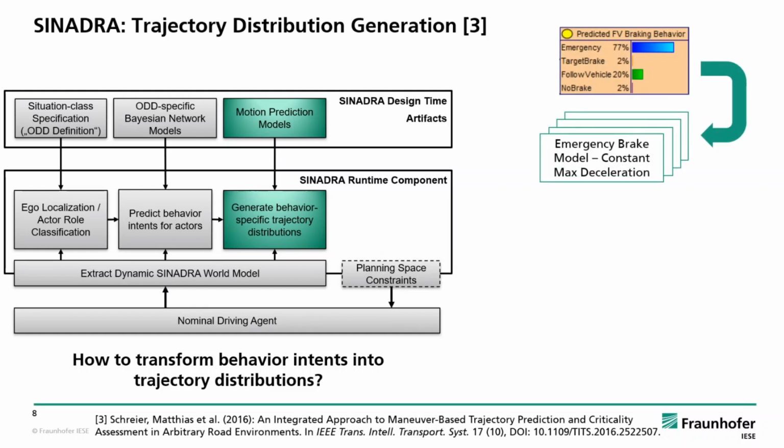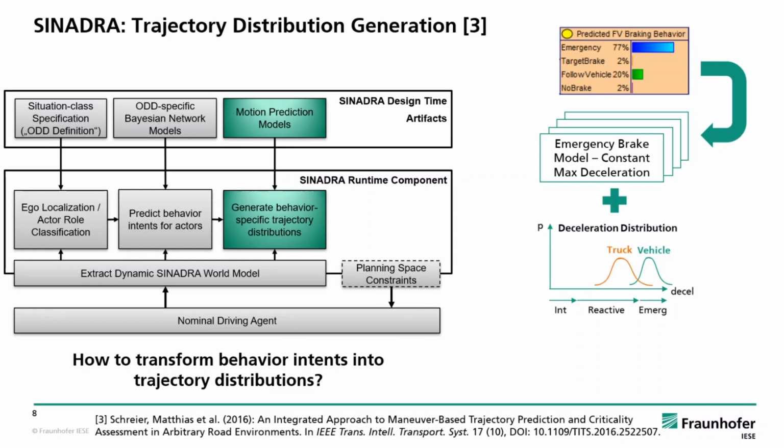This is relevant because with a behavior intent as such, it is hard to compute something out of intents alone, because one particular behavior intent can in turn be executed in different ways. If we have, for instance, an emergency braking model, so to say, then it might look very different if a truck performs an emergency braking versus a normal vehicle. And this is then also dependent on capabilities of the particular actors.